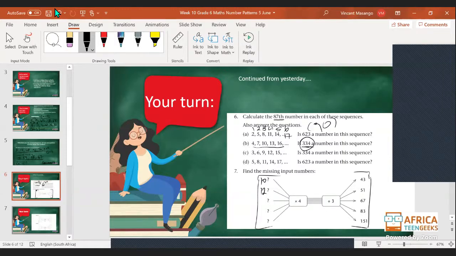What number did we times by 4, add 3, that gave us 67? Right, so we have got 16 there.